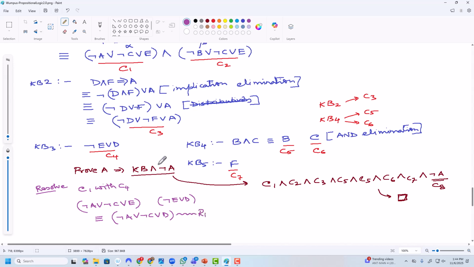Now with R1, let's see if C6 can be used. C6 has a C, and this has a not C.